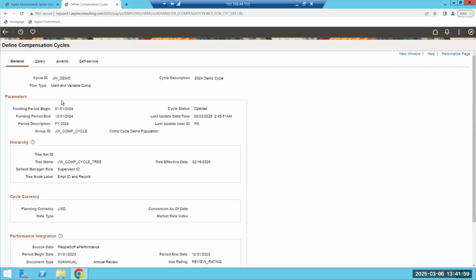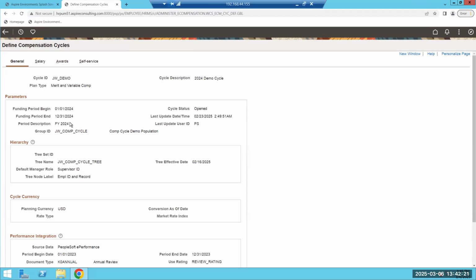That was something more recently added, to allow for a cycle for variable comp all by itself. Then the funding period, begin and end dates, and period description.